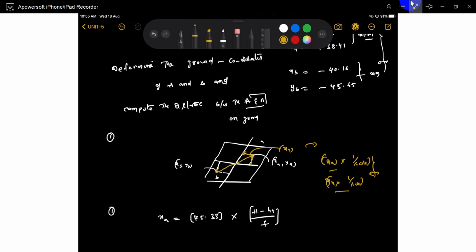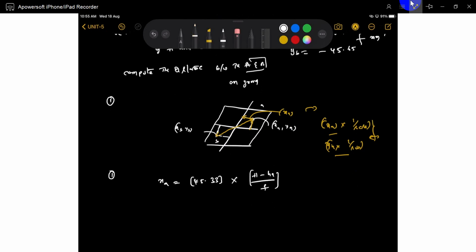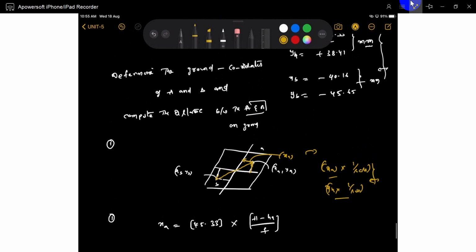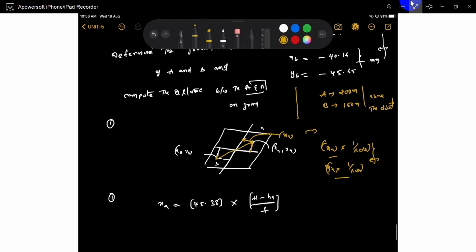So now what is the H? They didn't give the values. Okay, I will give the values. A is 200 meters and B is 150 meters above the datum, and the flying height H is 1500 meters.